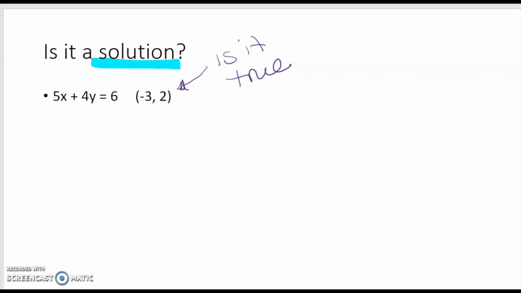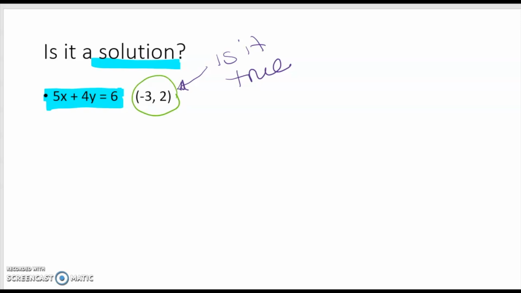So I want to know, is this ordered pair part of this line? So it sounds really complicated. So if I were to graph this, a two-variable equation that has no exponents makes a straight line. These are called linear equations. I want to know, is this point on that line?